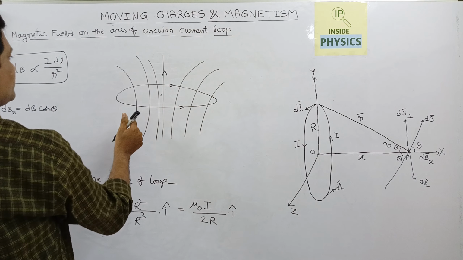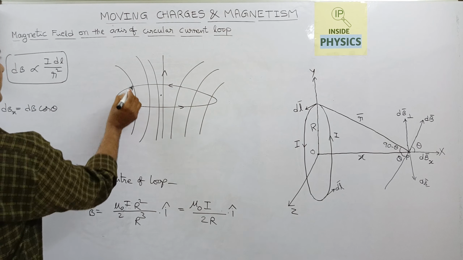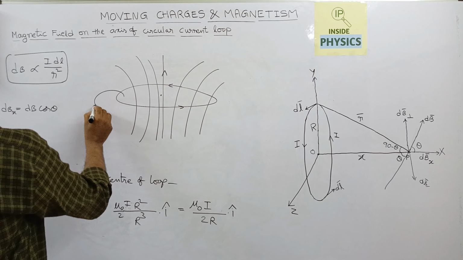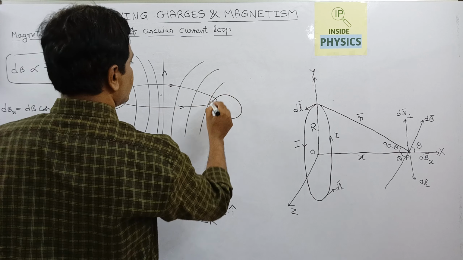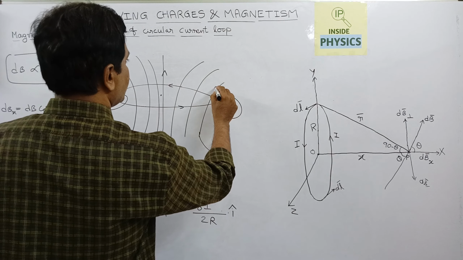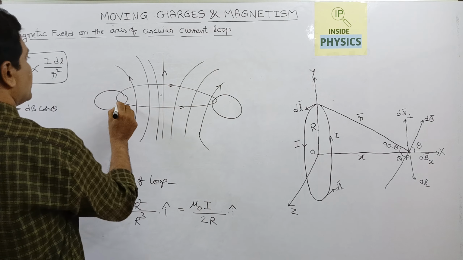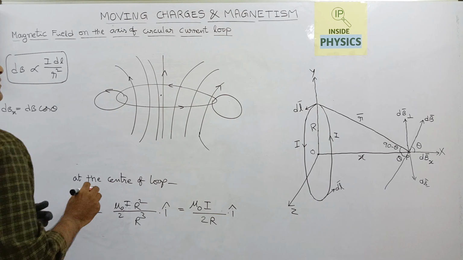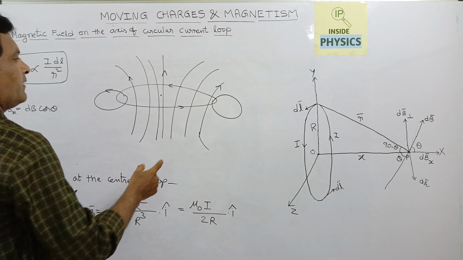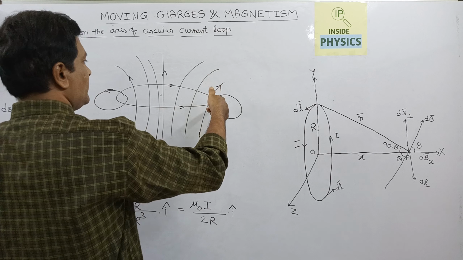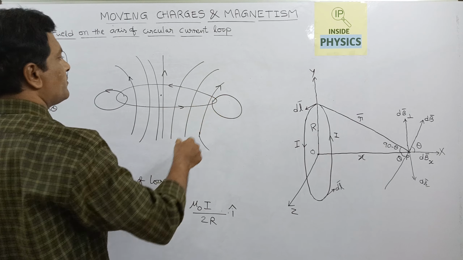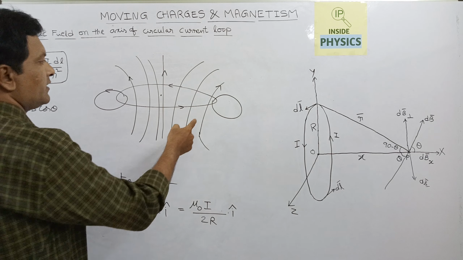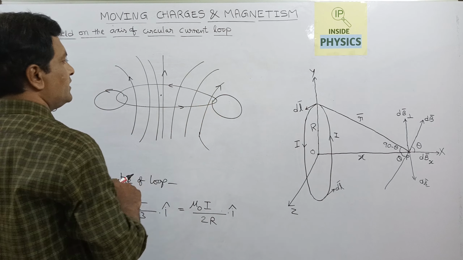Here also the magnetic lines of force are coming, and again here we can take a loop like this, so they will be moving in this direction. Here the current direction will be into the board at this particular point, so that the magnetic lines of force are in this way.